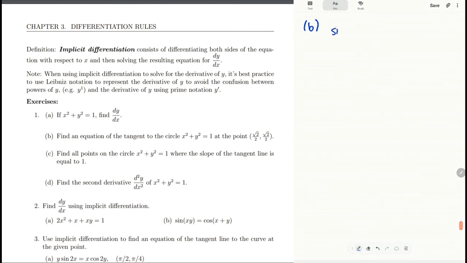In the next example, we have the sine of xy is equal to the cos of x plus y. So we use implicit differentiation. We have the derivative of sine xy is equal to the derivative of cosine x plus y. Here we need to apply the chain rule.